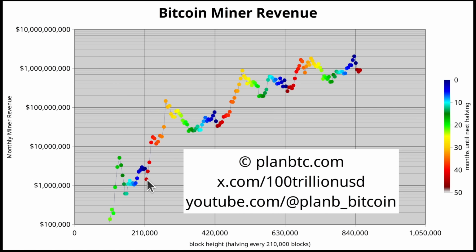But after a halving, they get half of those new Bitcoins, and their revenue drops overnight, which is horrible for any business to be in. And they have to recover from that. So usually what happens is that the small miners that have old equipment, inefficient equipment, uses a lot of electricity, and also that have high electricity prices, they can't mine at a profit anymore, so they drop out.